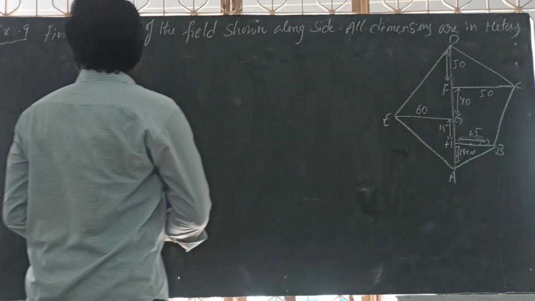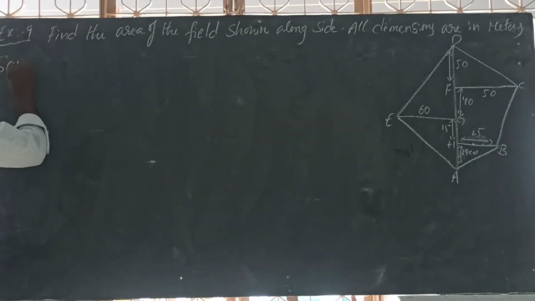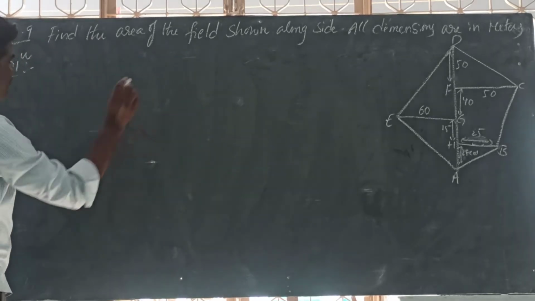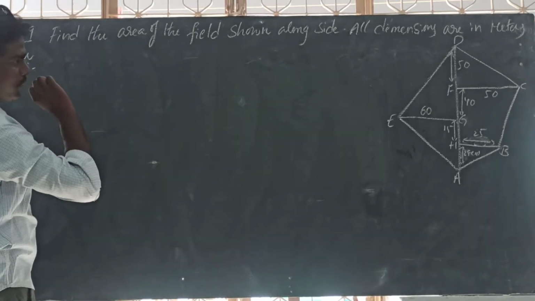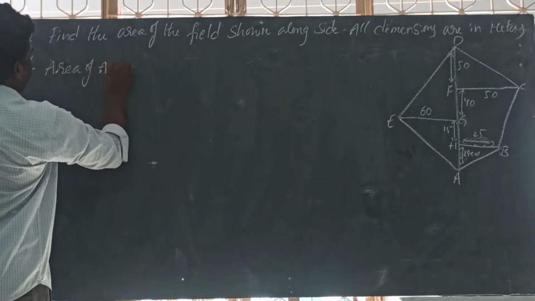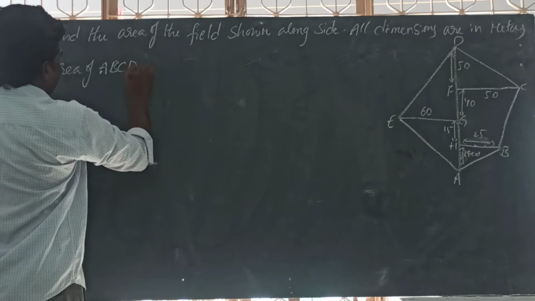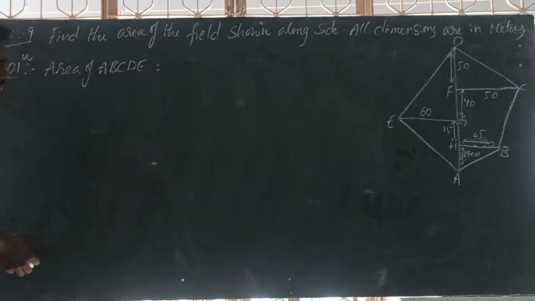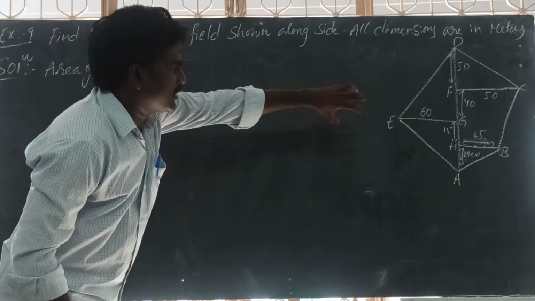Okay, so here area of ABCDE is equal to the sum of the areas of all the parts.